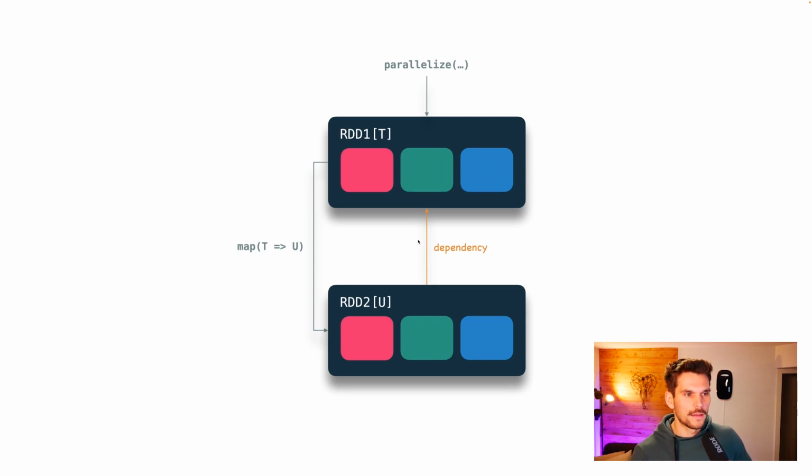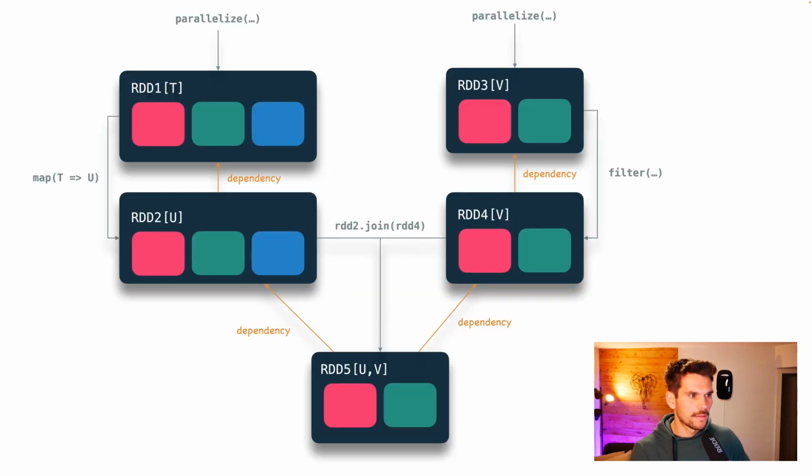And what we can also see is that the child RDD, in our case RDD2, has a dependency to its parent. And if we look at a more complex example like this one, we start with 2 RDDs, RDD1 and RDD3, and both are created from a list of records. And then we apply transformations, for example, our map transformation here. It's the same picture as on the slide before. And on the right side, we have a filter, which is also dealing with individual records of the RDD.